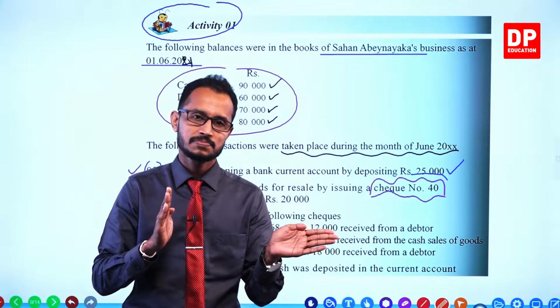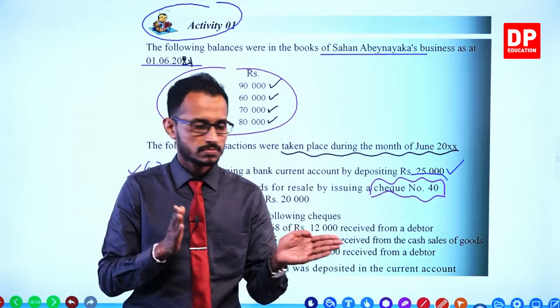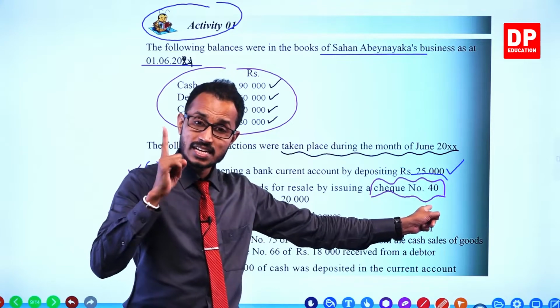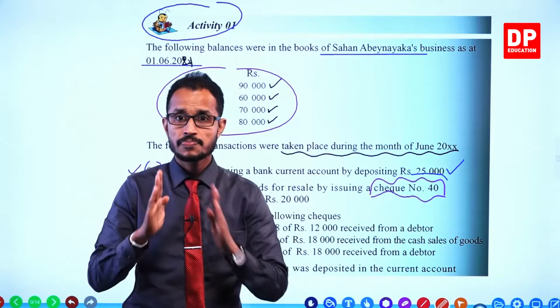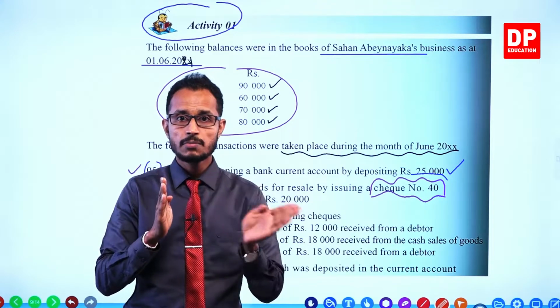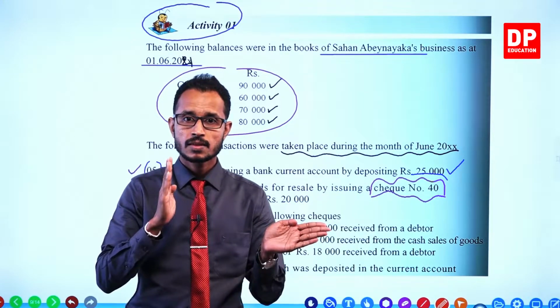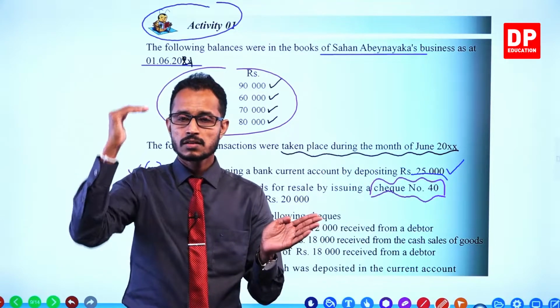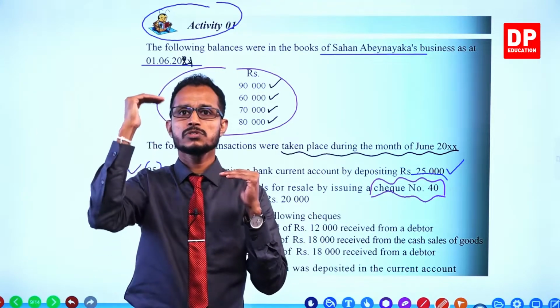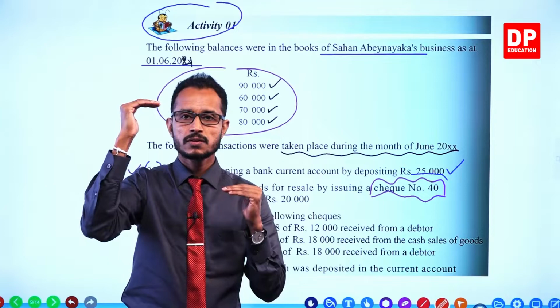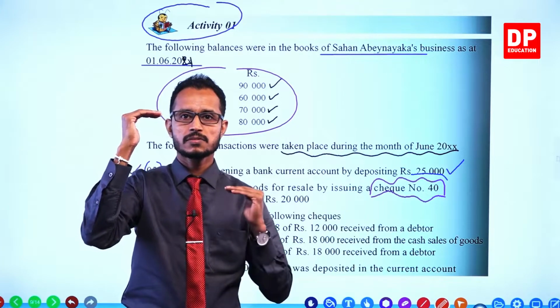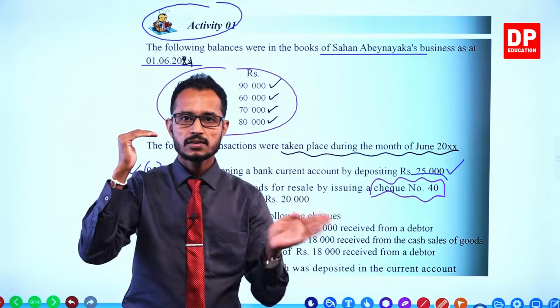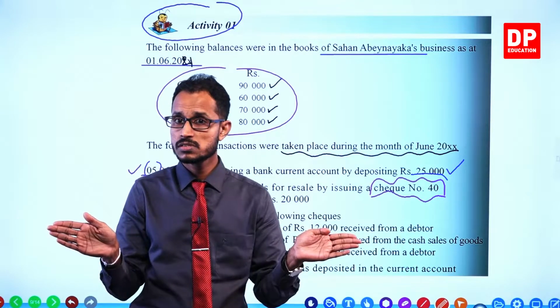Bank book credit, not the cash book. Bank money decreases, right? So bank book credit, goods account debit because goods increase. When goods are bought, more goods means goods increase. So bank credit, goods debit.